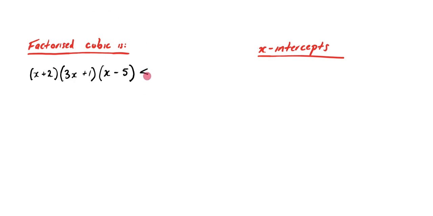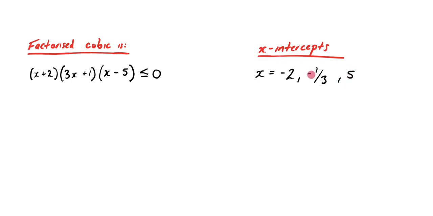And whenever you're doing something like this, what it's asking you is when is this function below or equal to the x-axis, or below or touching the x-axis. So we're going to have to graph it. So we're going to have to identify what our x-intercepts are going to be. We can do this really easily. It's going to end up being -2, -1/3, and 5.